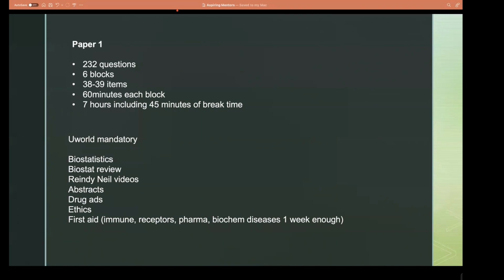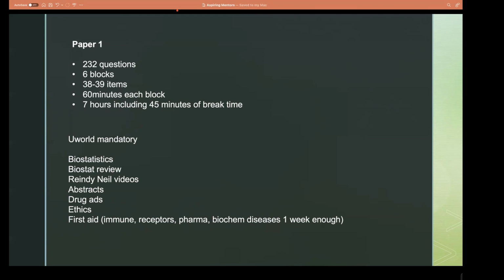My pharma is strong, my receptors are strong, so I was not worried about pharma, but I was worried a lot about biostats. If your pharma is weak, make it strong. If your autonomic system drugs are weak, work on that.